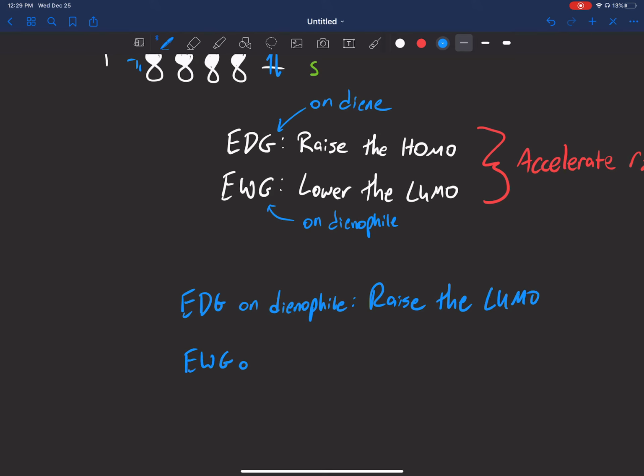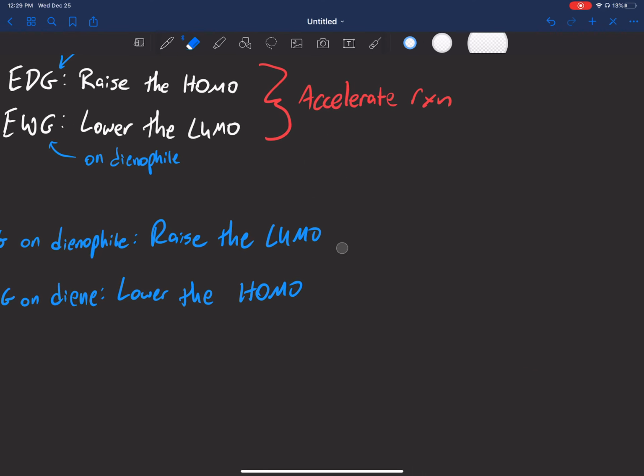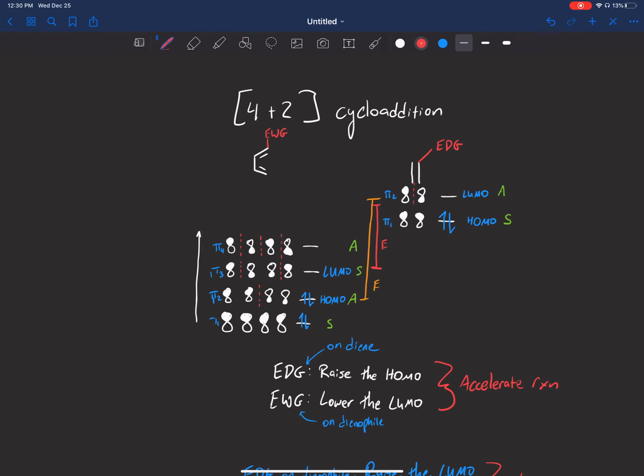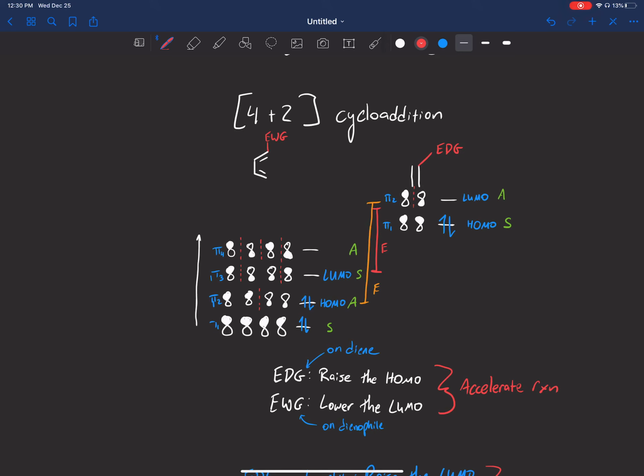And the electron withdrawing group on the diene lowers the HOMO. And so these, oh, sorry, they just slow the reaction. Right? And so that's how these electron donating groups and withdrawing groups work.